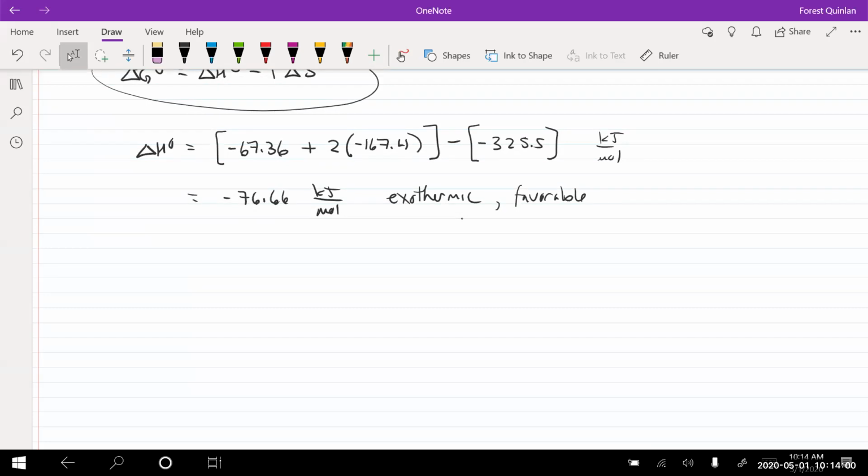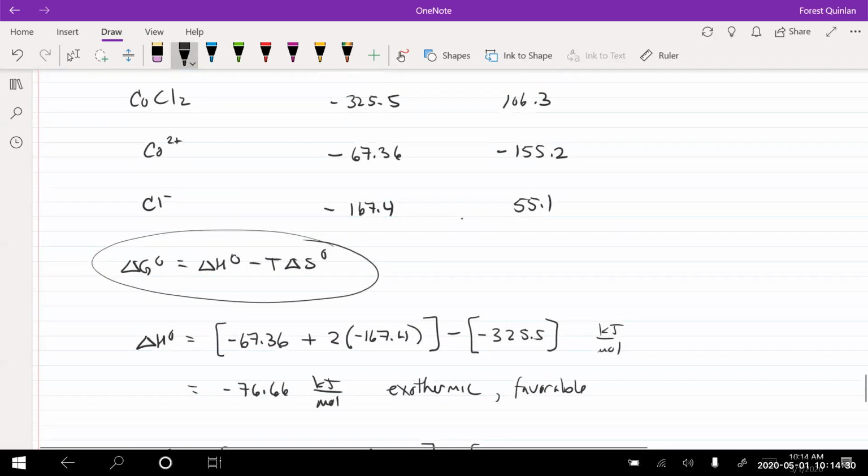Let's get a delta S. So our delta S naught, this is the products again, minus the reactants. So we just put that in there. We got a negative 155.2. And again, we have 2 chlorines there, so it's 2 times the positive 55.1. And we take the reactants, and so minus 106.3.